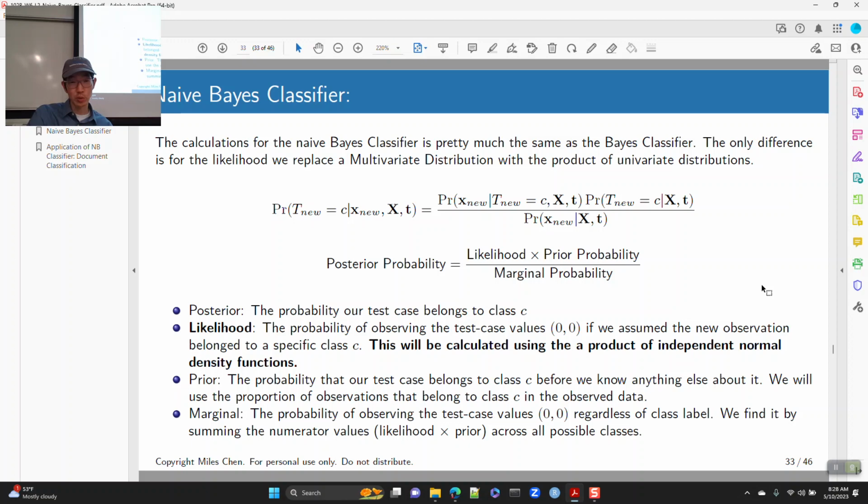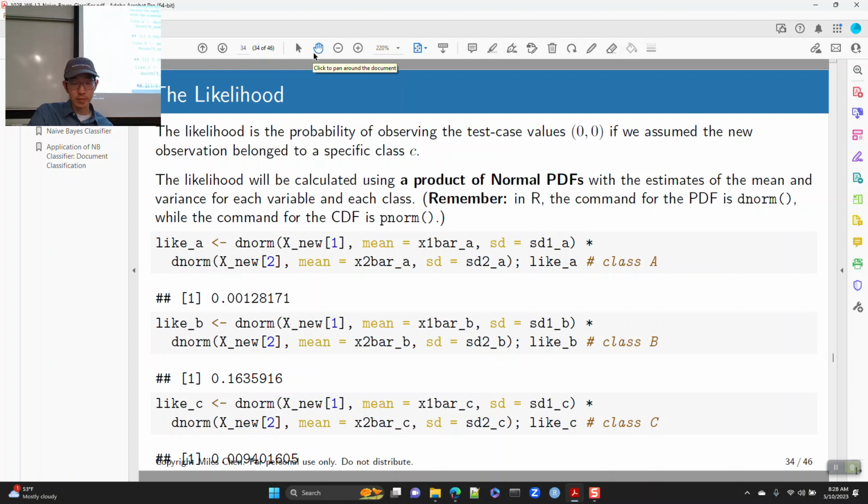So the likelihood that it belongs to class A is going to be dnorm of our new observation, variable 1, x1, using the mean of x1 for class A and the standard deviation of x1 for class A, times dnorm of x2, using the mean of x2 for class A and the standard deviation of x2 for class A. And I do the same thing for class B and class C.